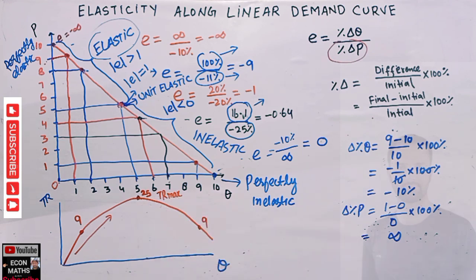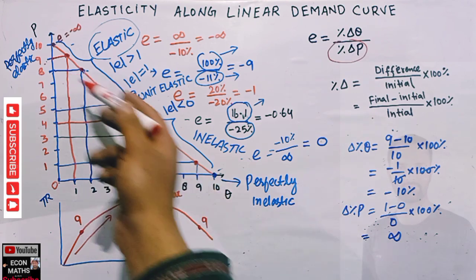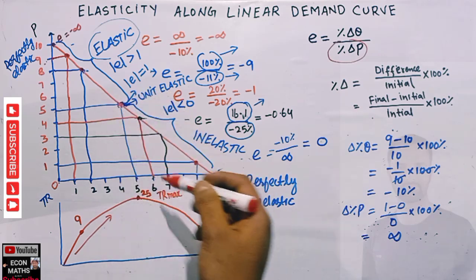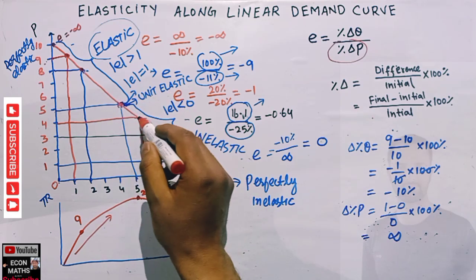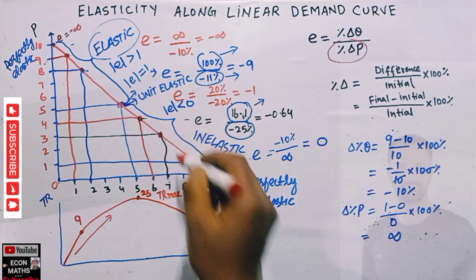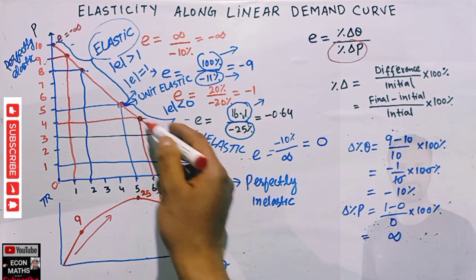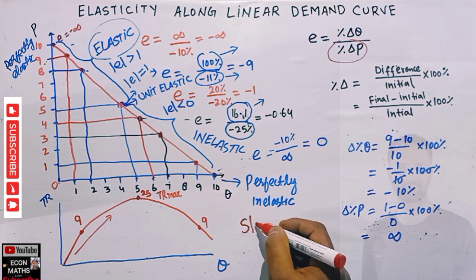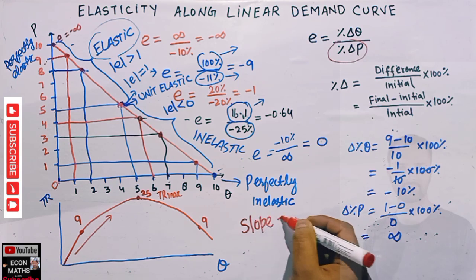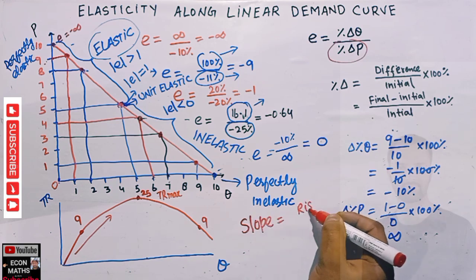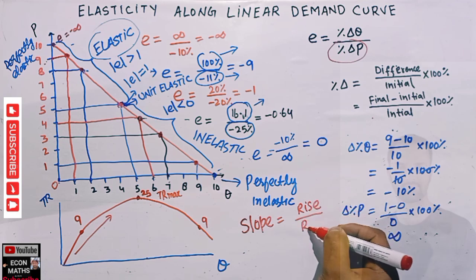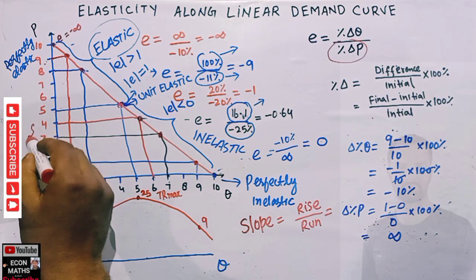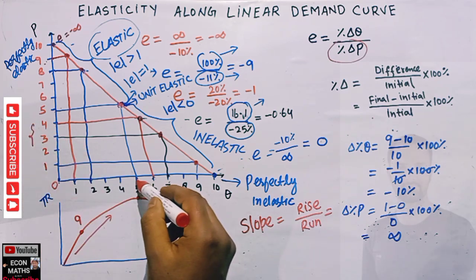And what is the slope of this demand curve? I have told you the slope of this demand curve is the same, that means it does not change. At any point, with 2 points, we can calculate the slope. Let's take these 2 points. Slope is given by rise over run. This is our rise, this is our run.